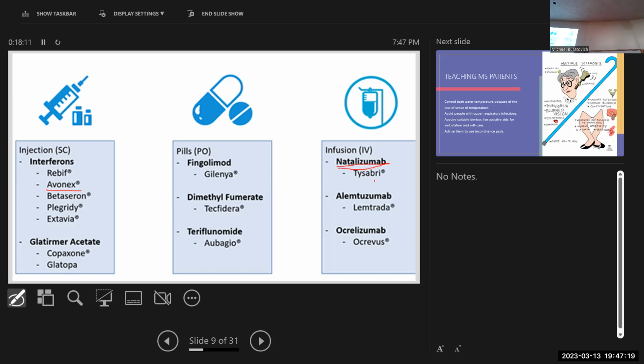The disease courses, is there a certain order that they happen in? Most people start with relapsing remitting. It's rare for someone to not start as that. There are people who start as primary progressive, but they're in the minority.